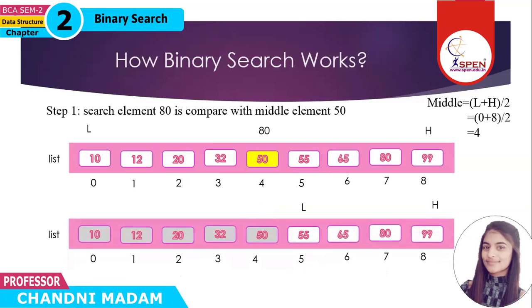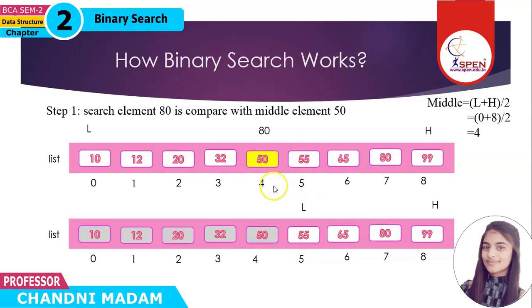Now both are not matched and 80 is larger than 50. That means 50's left side has smaller numbers. So 80 is not present in the left side. So we will ignore the left sub array and we will follow the right sub array to find our number 80.